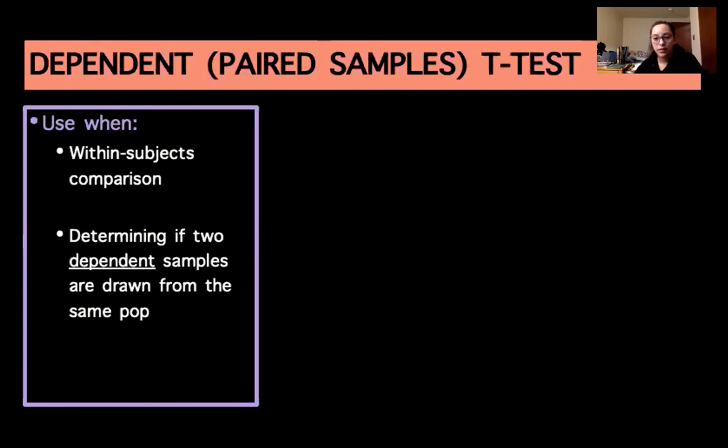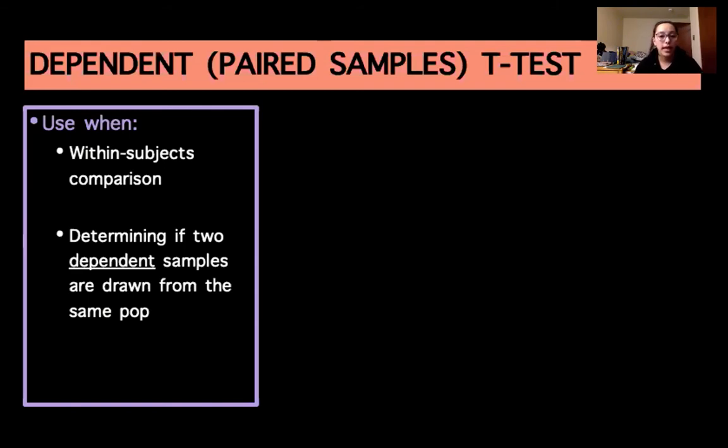But if we're looking at Parkinson's disease and its effects on gait variability, we could take age-matched healthy controls, that way we cancel out the age factor. So paired samples can be repeated measures using the same people, measuring them more than once, or people that you've assumed are the same based on a certain characteristic.